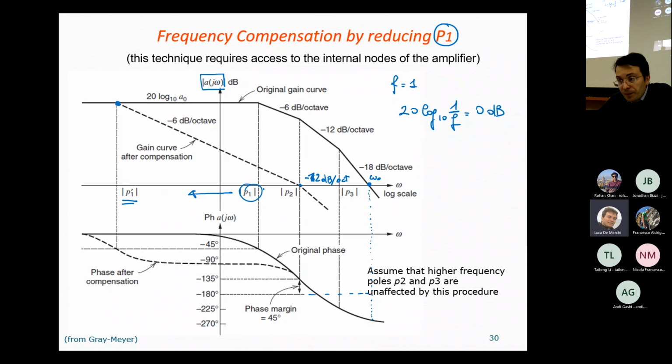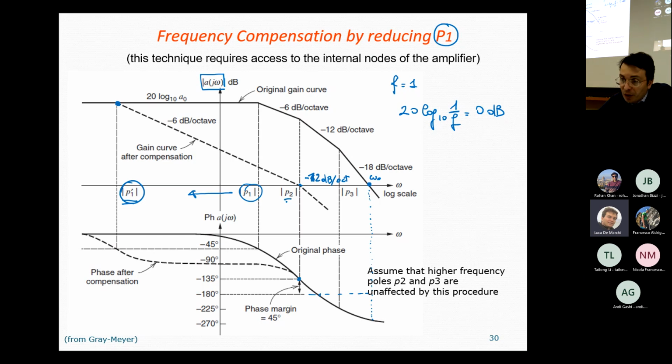What about the phase curve? After compensation, we have the minus 90 degree phase shift associated to the P1 prime value. And then we have the minus 45 degrees phase loss due to P2 up to P2, and another minus 45 degrees after the pole position.